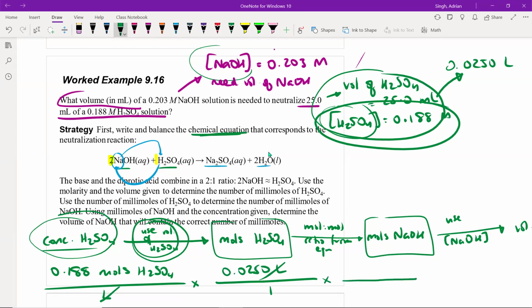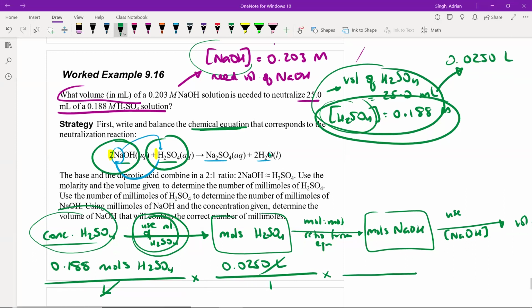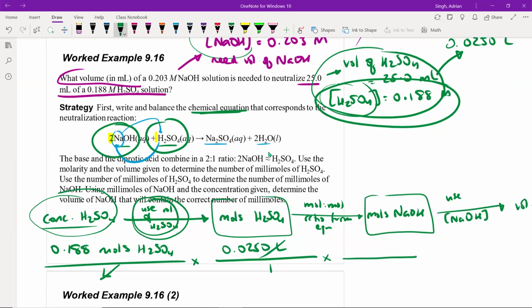Now I need to use the mole-to-mole ratio that relates the two things that I'm studying here. So I'm relating the sulfuric acid to the sodium hydroxide. According to this equation, I have 2 moles of NaOH that react with every 1 mole of H2SO4, right? That's the mole-to-mole ratio from the balanced equation.